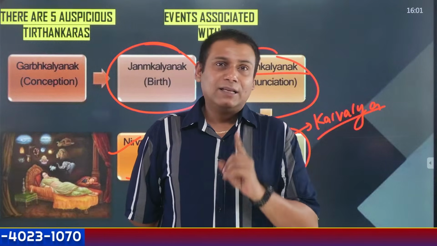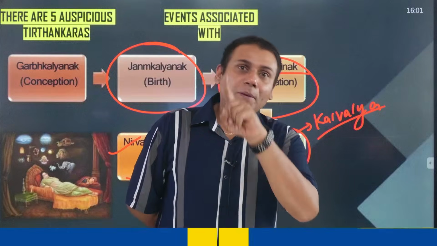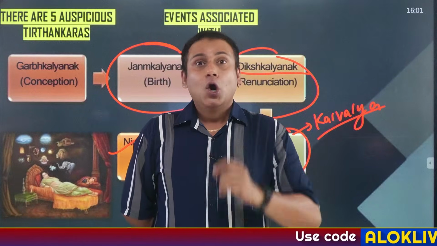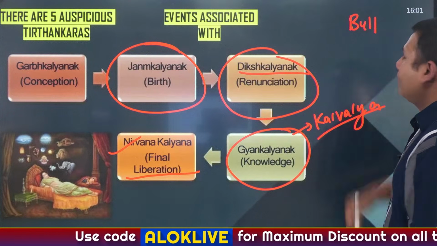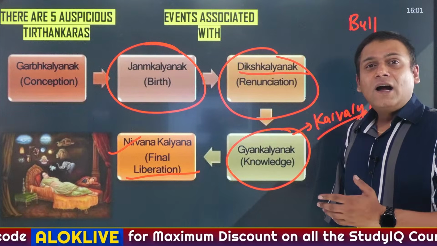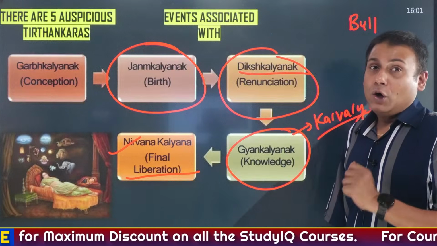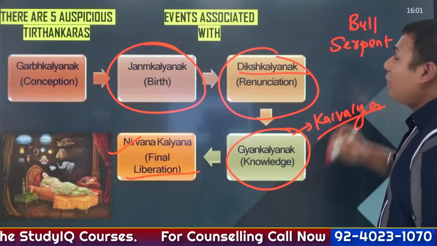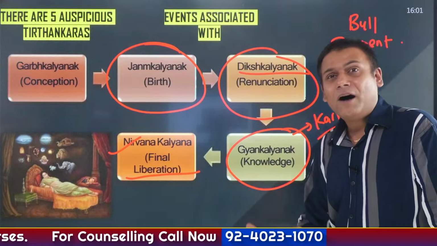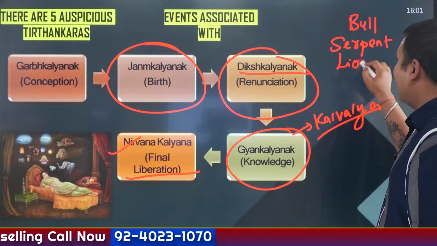As per Jainism, the first Tirthankar was Rishabhnath Ji or Adinath Ji, whose symbol was bull. The 23rd Tirthankar was Parshavnath Ji, whose symbol was a serpent or snake. And the 24th Tirthankar was Vardhaman Mahavir Ji, whose symbol was lion.